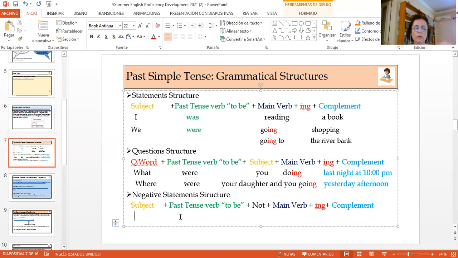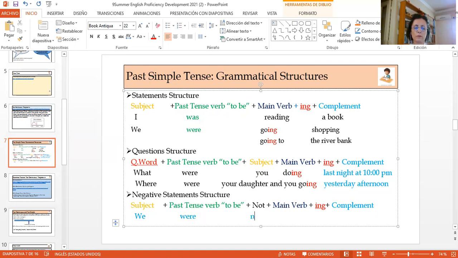And here we also have the negative. So, for example, what were you doing last night? Or where were you going? Or if I am just checking with you, were you and your daughter going to the cinema last afternoon? No, we weren't going to the cinema.